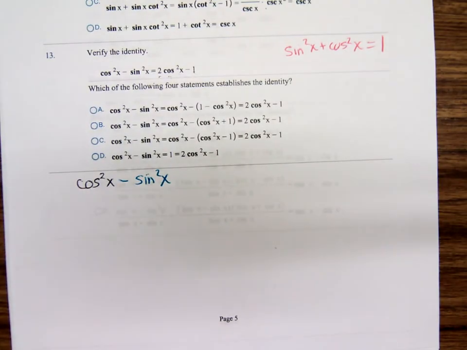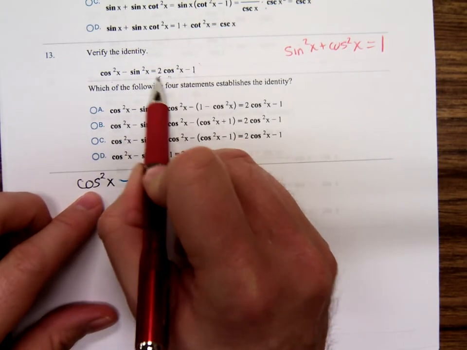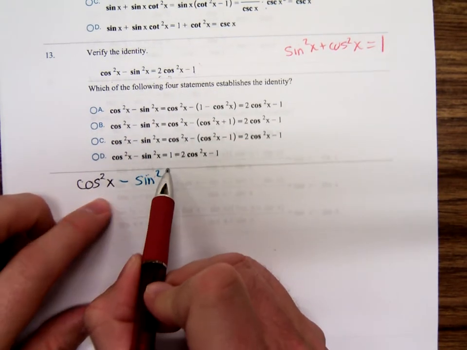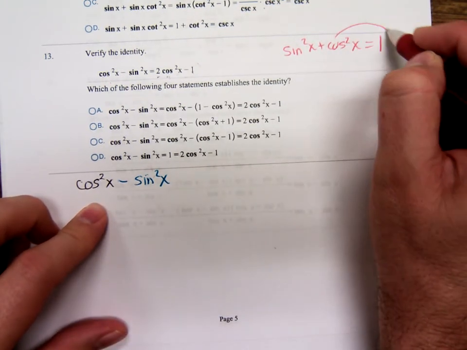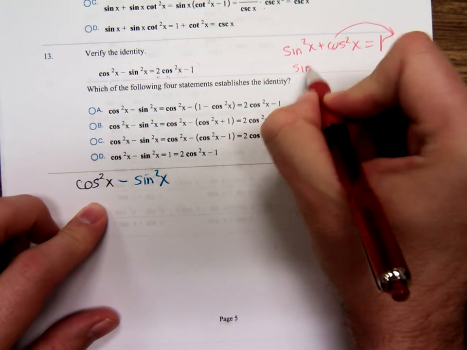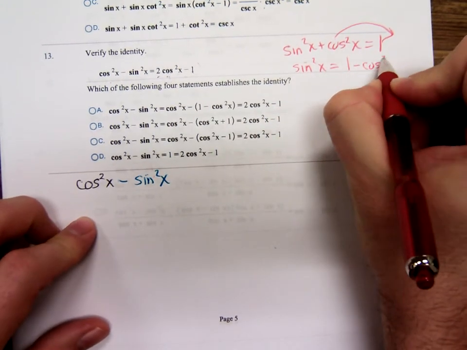Oh, they cut the lights out on me. So we want to have cosine squared x's, so that makes me think we need to get rid of this sine squared x. So sine squared x could be written as 1 minus cosine squared x.